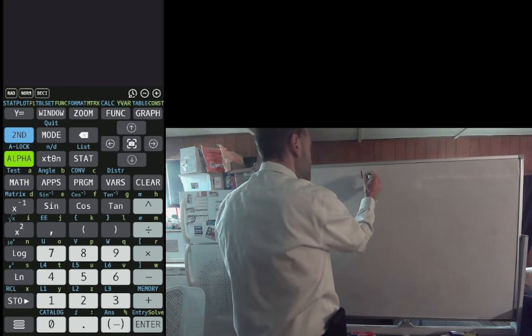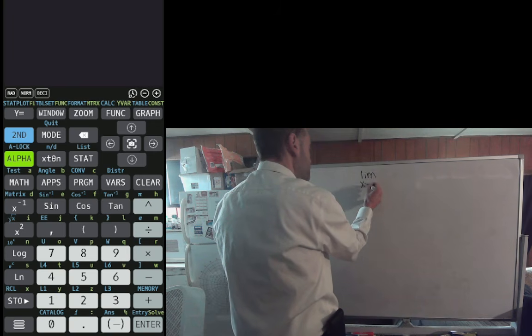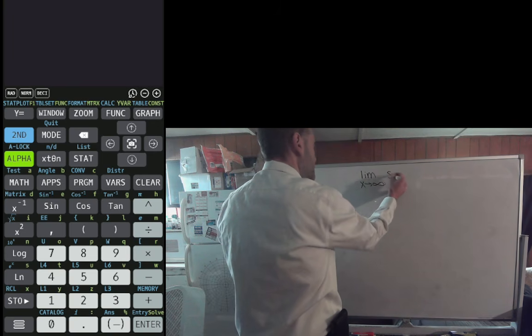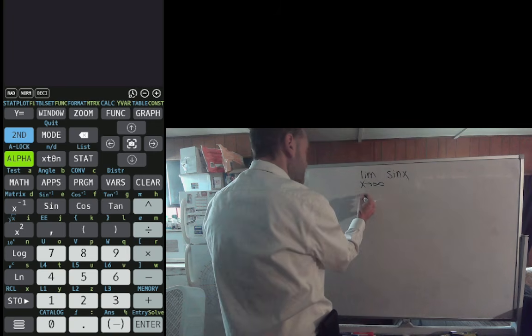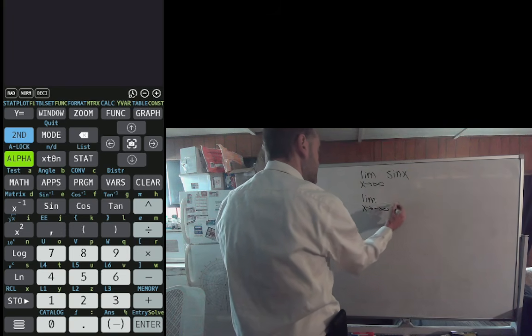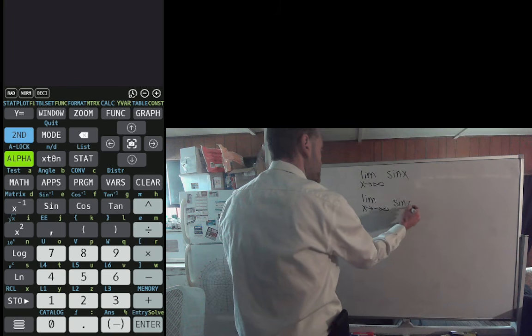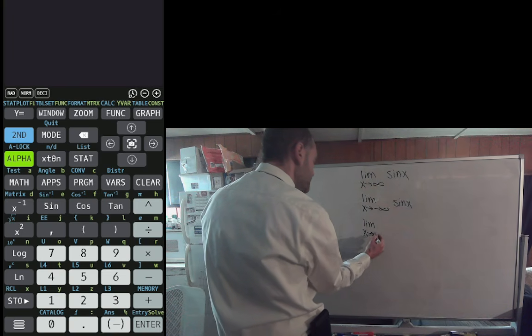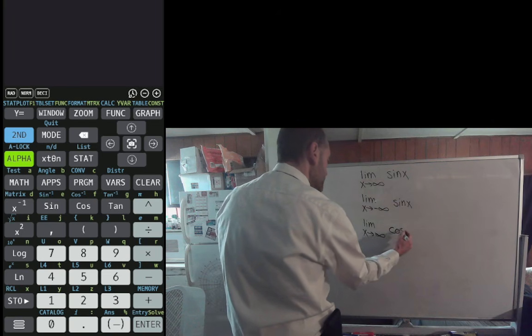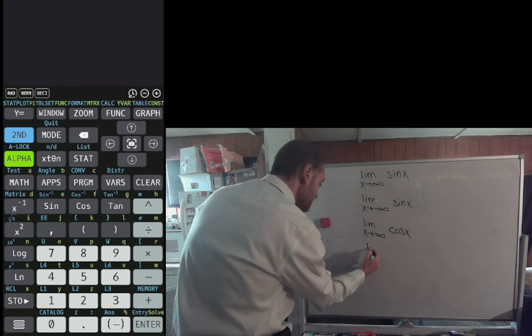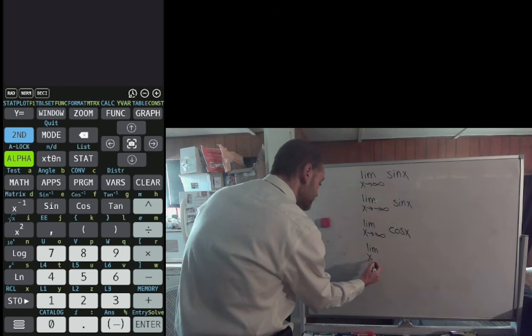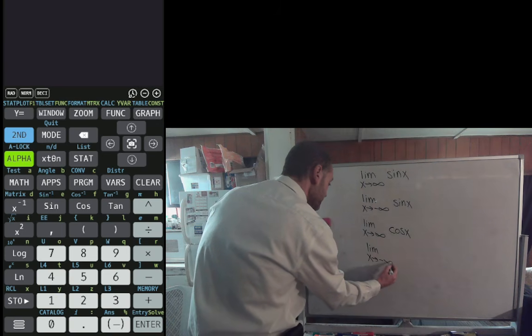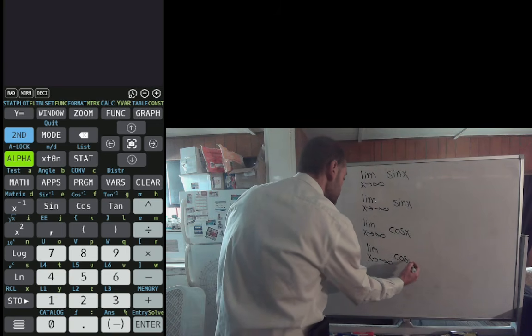Now, let's do this. The limit as x approaches infinity of the sine of x, the limit as x approaches negative infinity of the sine of x, the limit as x approaches infinity of the cosine of x, and the limit as x approaches negative infinity of the cosine of x.